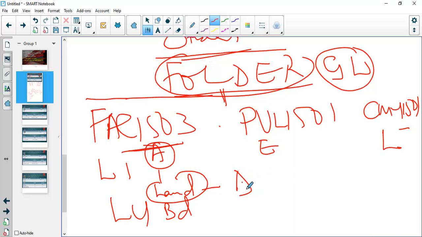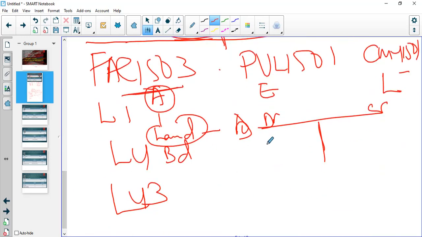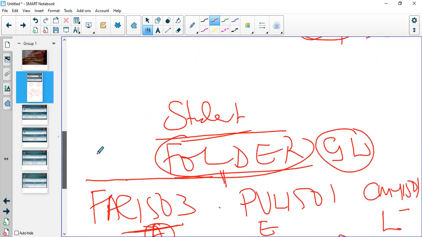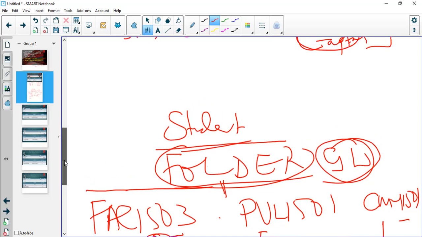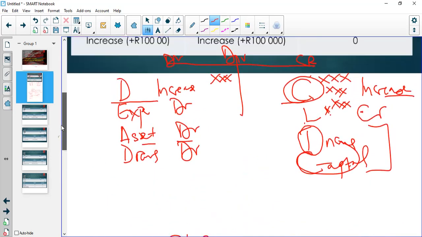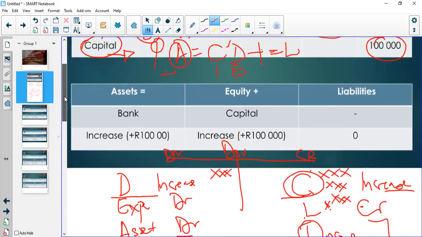It really doesn't open like that, but this is what it will appear like. Because land has increased, you put the amount here. You have debited the land account, but this land account is in the general ledger, the big folder, which has subfolders and individual items. This is just an attempt to make it clearer to you.